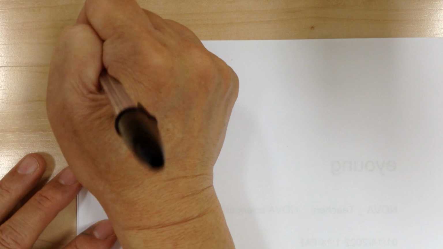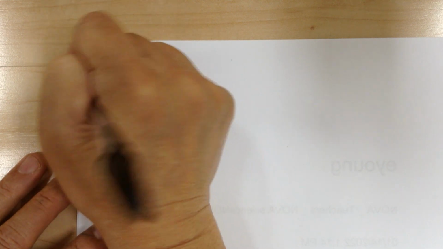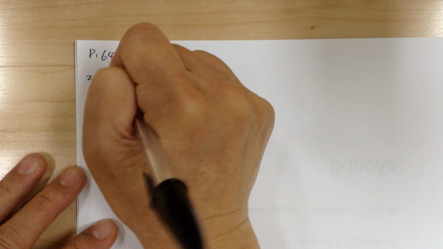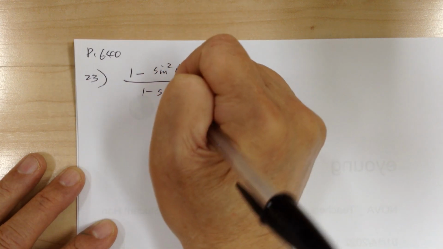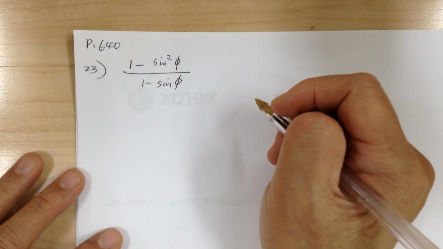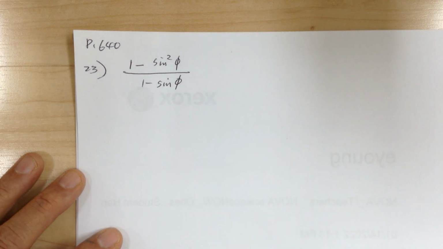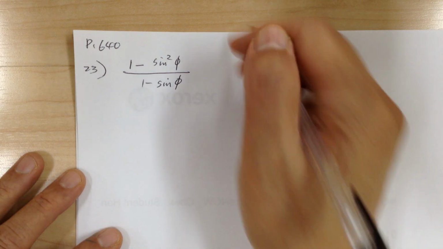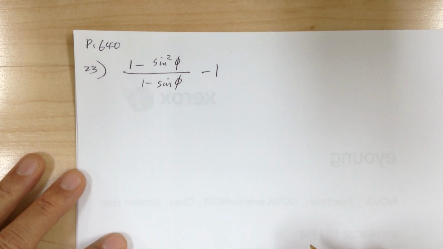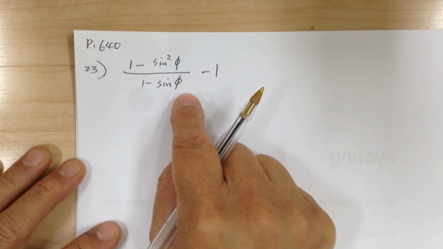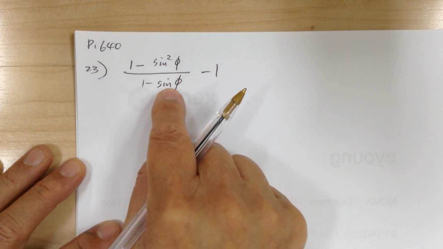Okay, let's go to the next one. Here you got 1 minus sine square phi over 1 minus sine phi, and then minus 1. Okay, that's why I say it looks kind of strange. Well, for this one, if you factor this, you can cancel out with that.